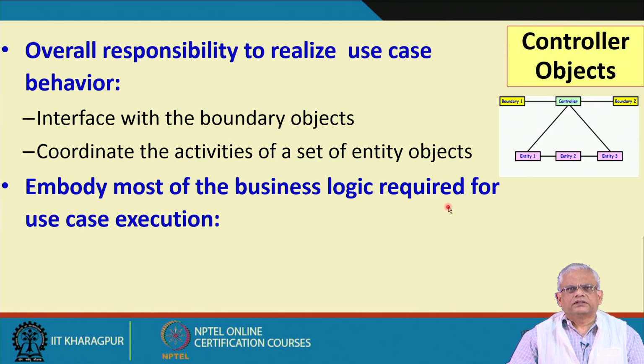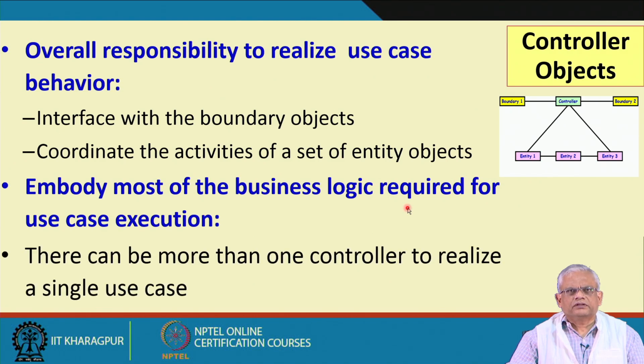For every use case, the required business logic, or what needs to be done for a use case execution, is embodied in the controller object. If the use case has very complex behavior requiring interactions with several dozens of objects, the controller object can become complex.